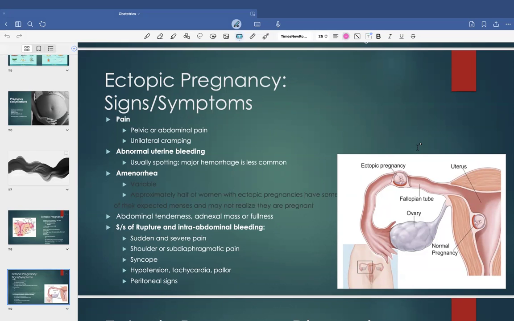Pelvic and abdominal pain is present in almost 100% of cases. Some patients may complain of low back pain as well. If a patient has shoulder pain or subdiaphragmatic pain, this might suggest intra-abdominal bleeding.